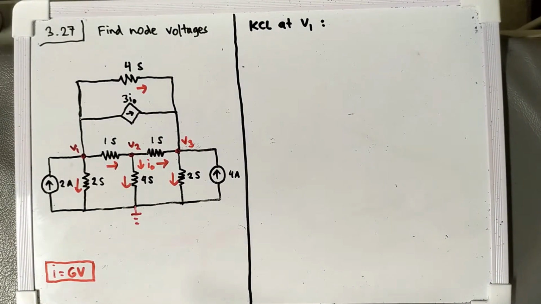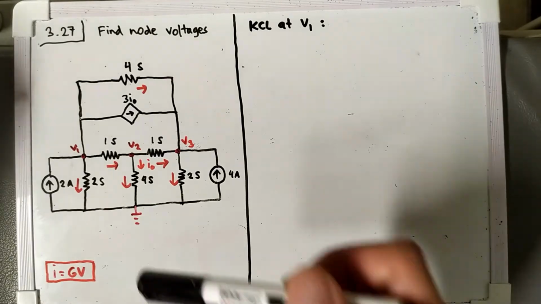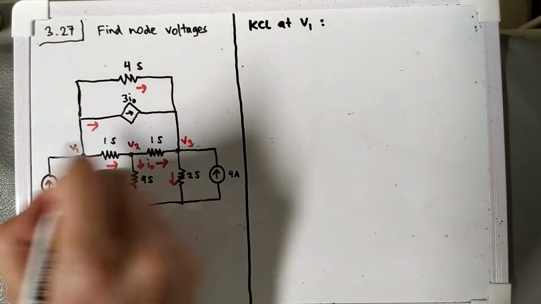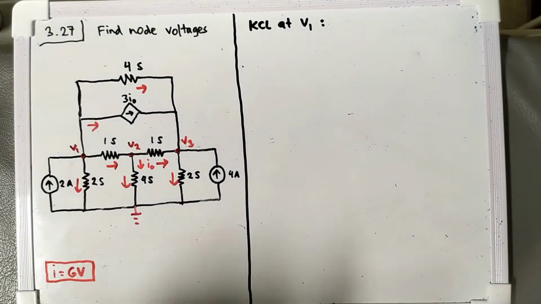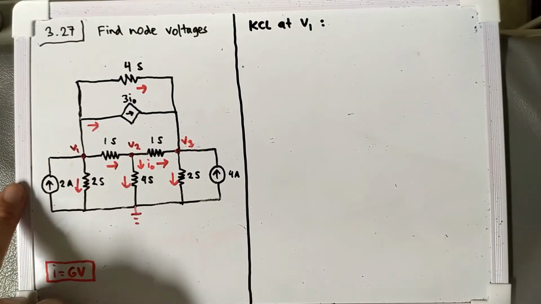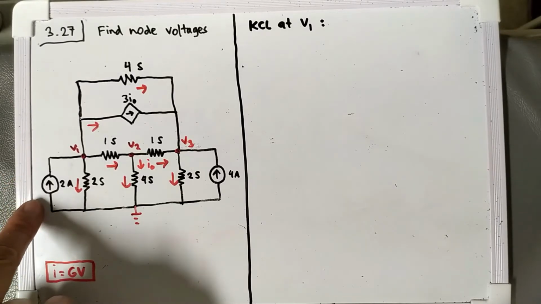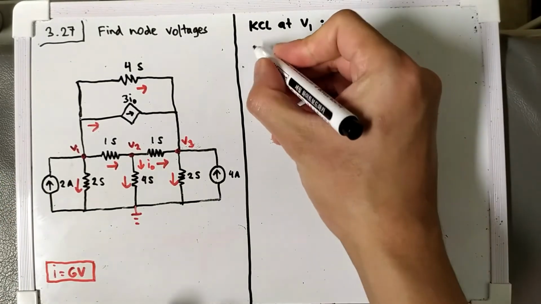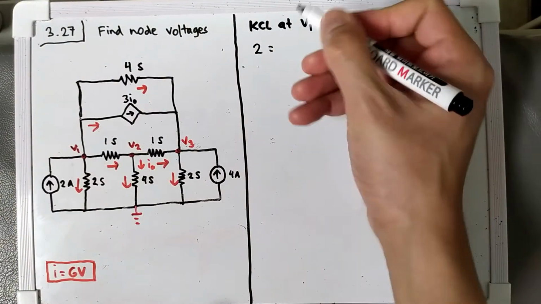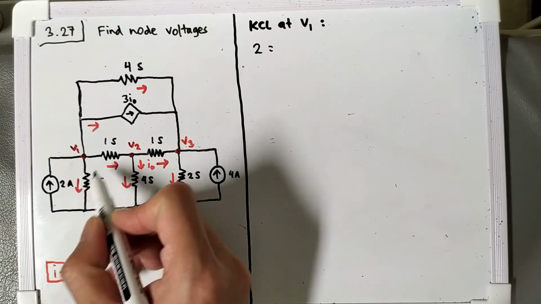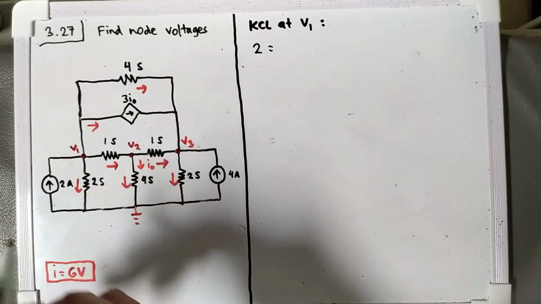So we start at node 1. The current that goes in is equal to the current that goes out. The only current that goes in is this 2 ampere current source, so 2. And the current that goes out, there are 4 currents: 1, 2, 3 and 4.